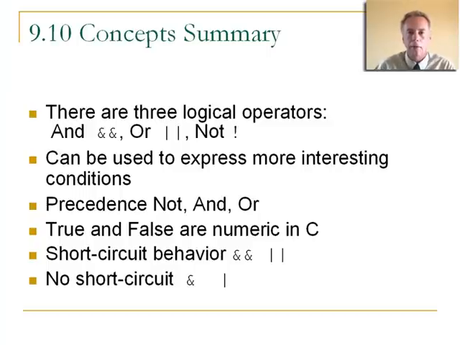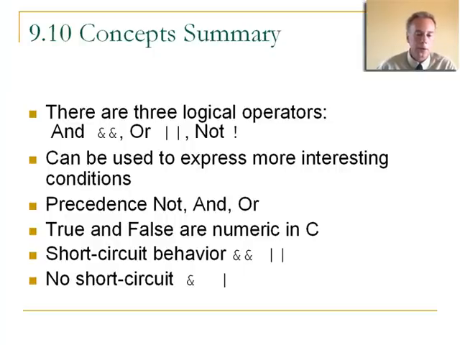Quick summary then of what we've looked at in this segment, the 3 logical operators: and, or, and not. And we're talking about formal logic now, not the use of and, or, and not in English, which often is incorrect, but we still know what it means. These logical operators are used to express more interesting conditions in our C program, so that our if statements and our while loops and so on will be more powerful.